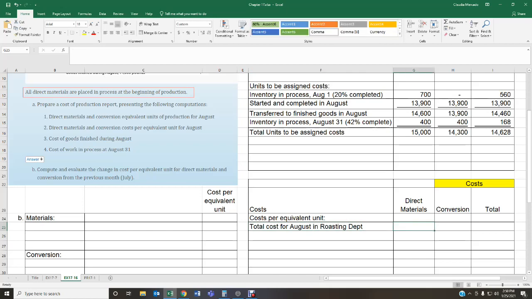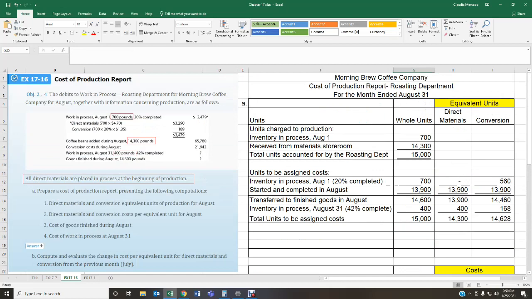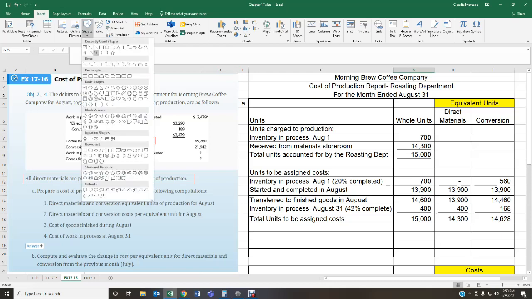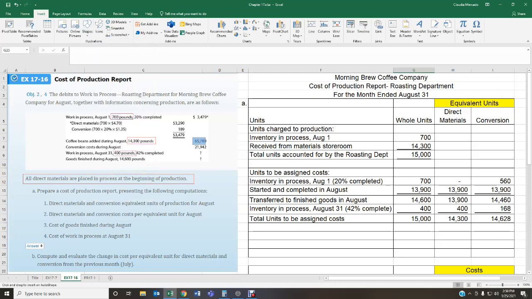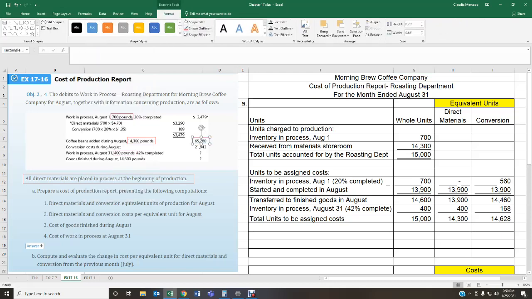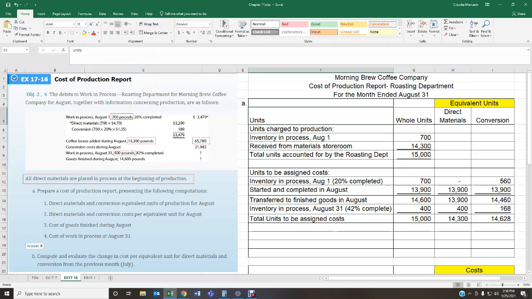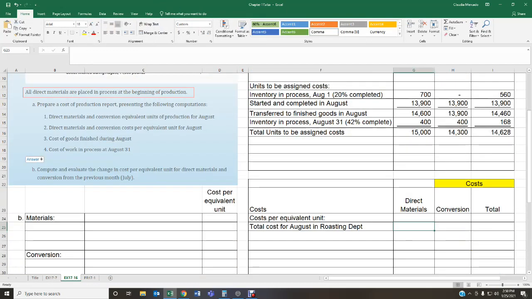Okay? So, the coffee beans that were added, we added during the month of August 14,300 pounds of coffee beans, and that cost was $65,780. Right here. Okay? $65,780. So my materials are $65,780.